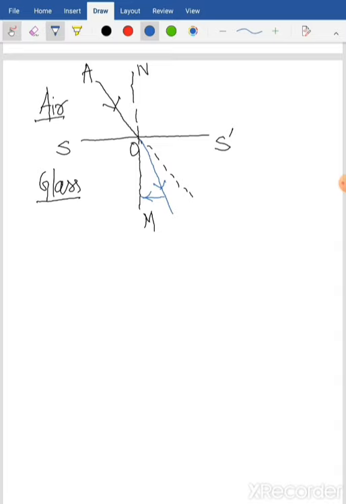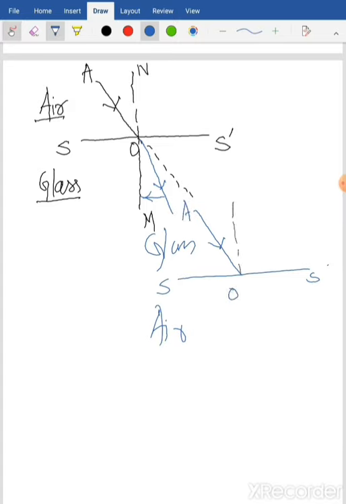Clear? Now if we do the reverse of this, if the ray of light is traveling from denser to rarer, so if I draw a surface S dash which is separating glass from the air, here the ray of light is traveling from denser to rarer, that is from glass to the air. If I draw a normal here, this would be the original direction of the path of light AO.